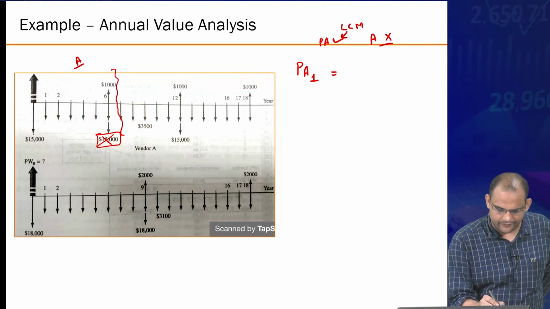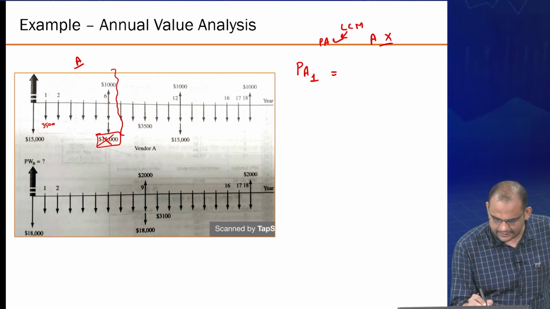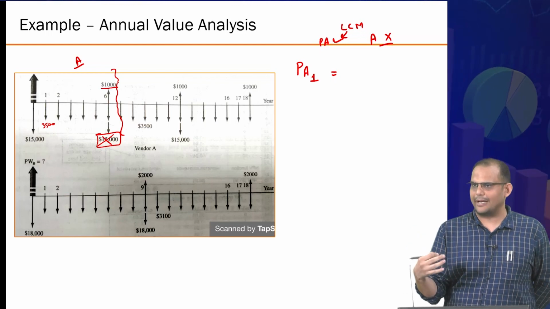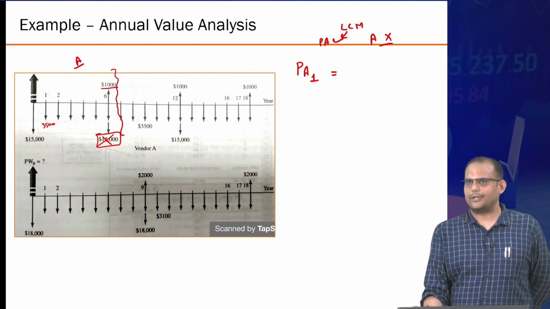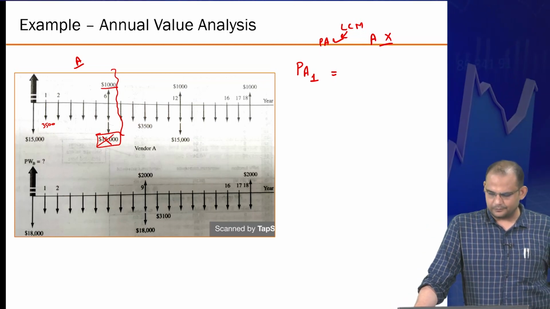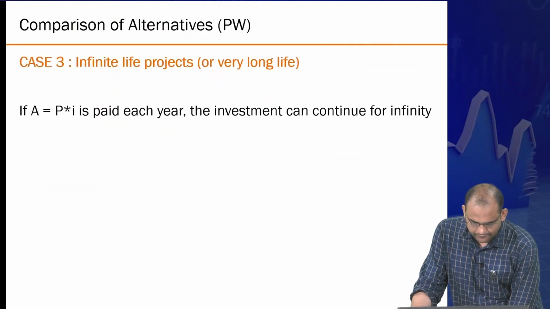So your cash flow is 15,000. This amount is 3,500. And at the end of the 6th year, you're also having $1,000 in terms of the salvage value, but no 15,000 in that period. Can you give me the present worth of just one cycle? Oh, the interest rate in this case was what? 15%.